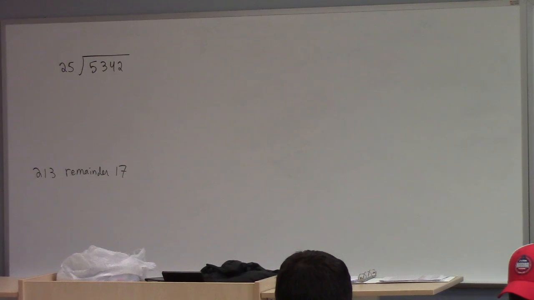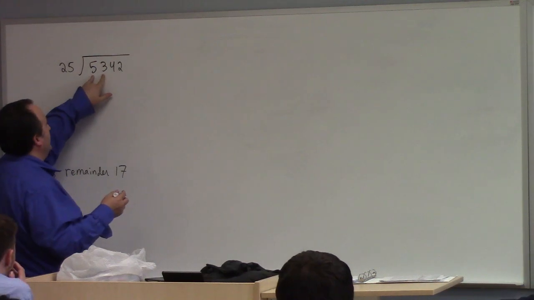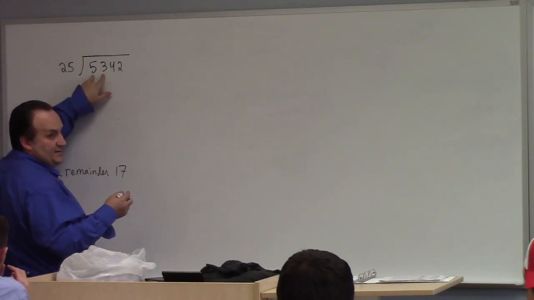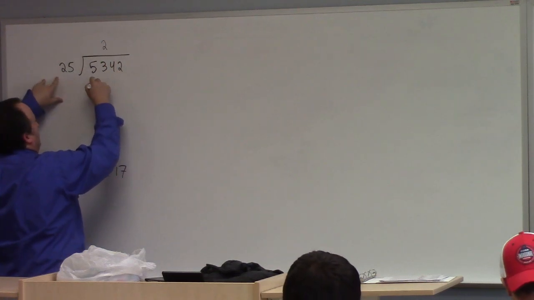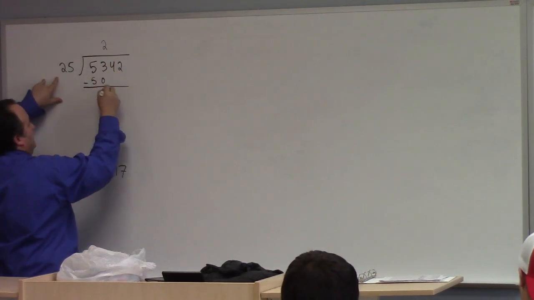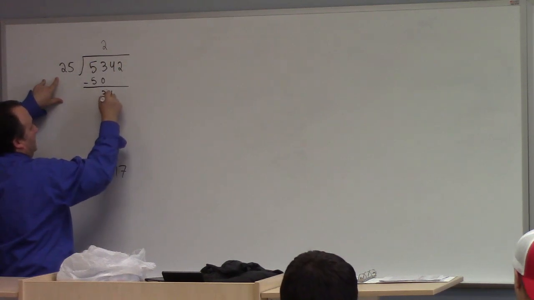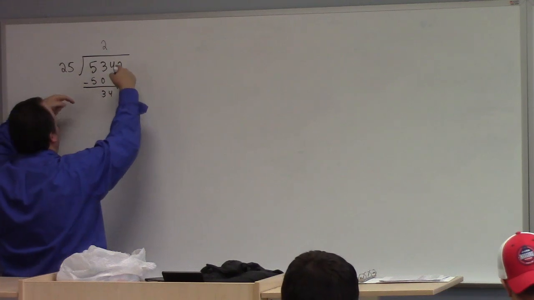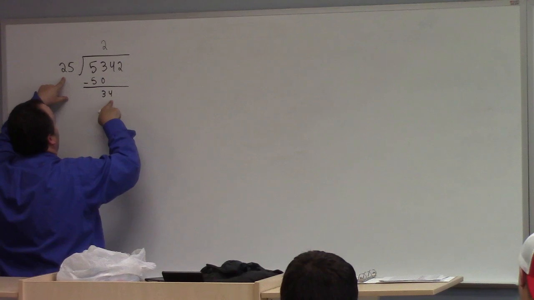All right, so let's think through this. Here, I'll show you how I was taught to do this. I start by looking at this here. How many times can I put 25 into 53? 2. So that brings a 50 down here. I subtract it, right? And that gives me a 34. And then, how many times can 25 go into 34?